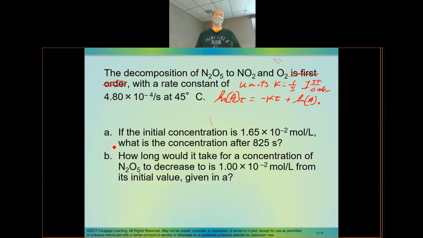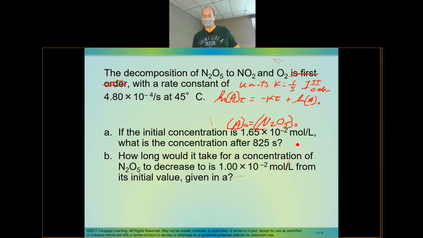All right, and so then you go to your questions. At the initial concentration, we're talking about A initial, but they give us the actual compound, which is the decomposition of N2O5. So to be more specific, it is the N2O5 initial concentration, and that is 1.65 times 10 to the minus 2 moles per liter. What is the concentration after 825 seconds? And so this is my t.